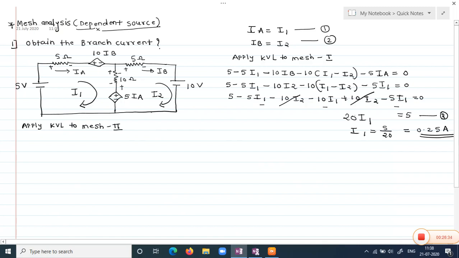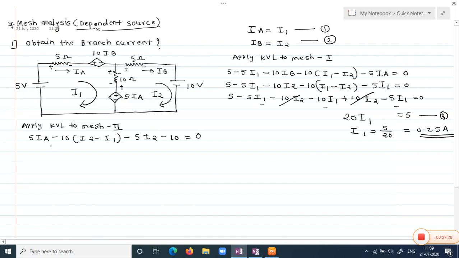We start from our second dependent source, that is 5IA, means we will write down simply 5IA, then the 10 ohm resistor, the current flowing through it is minus 10 (I2 minus I1), as this 10 ohm resistor is common between 2 and 3, then the current flowing through the 5 ohm resistor is 5 I2, minus 10 is equal to 0.